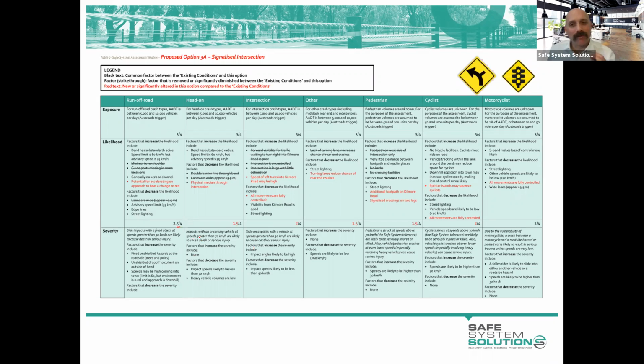Now, the reason this is really exciting for me is because you get people in projects who say, well, we put a warning sign up for that intersection. And you go, okay, that's good, and that's going to reduce the likelihood a bit. So you might say the likelihood of intersection crashes has gone from a 2.5 down to a 2 because you've put a warning sign.